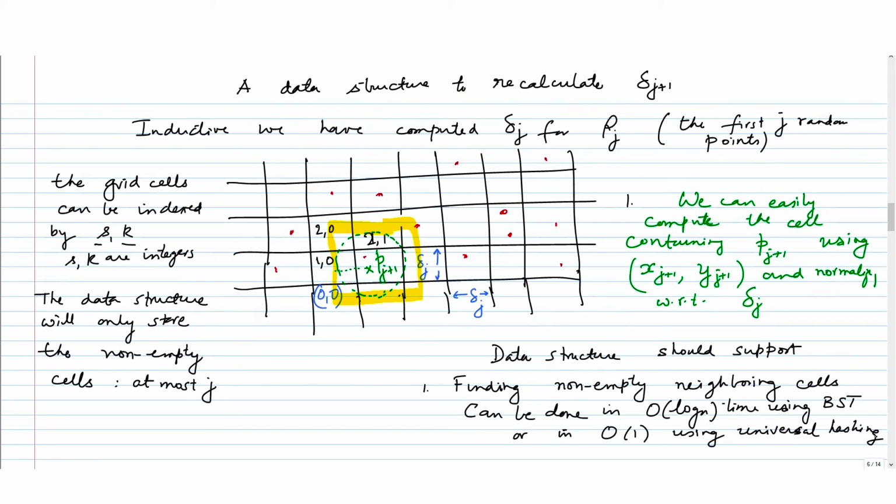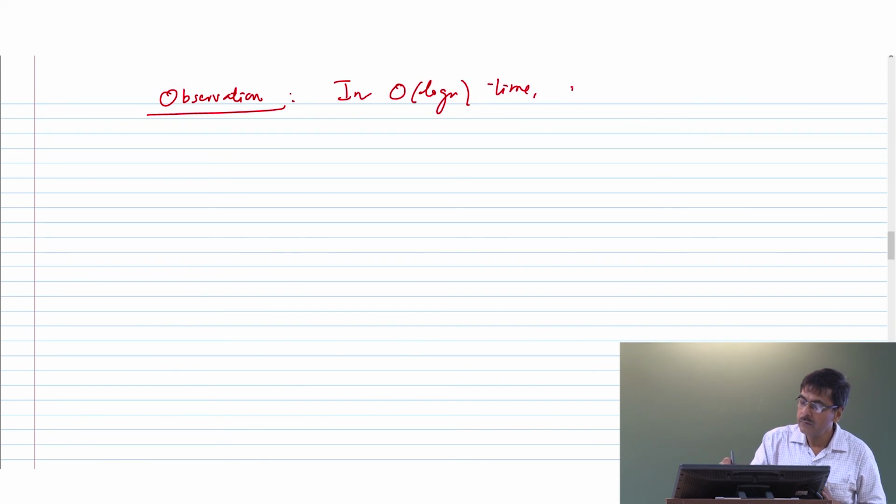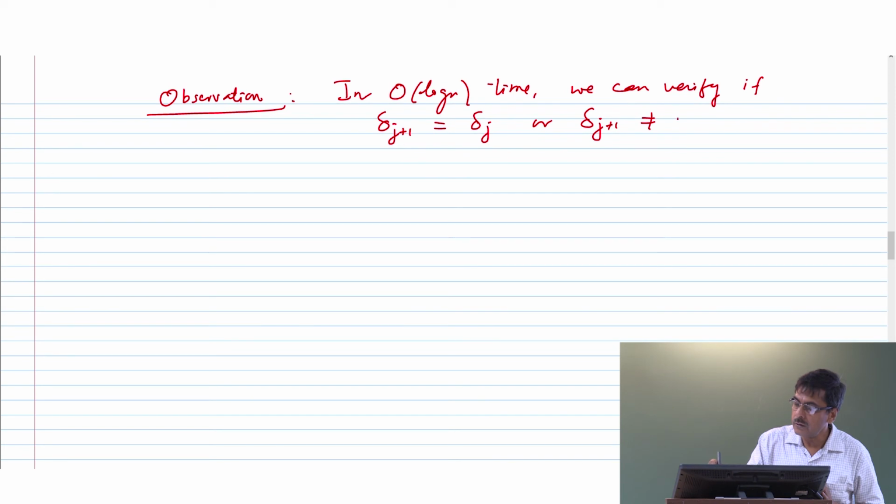Till now, the observation essentially is that, in order log n time, we can verify if delta j plus 1 is equal to delta j or delta j plus 1 is not equal to delta j.